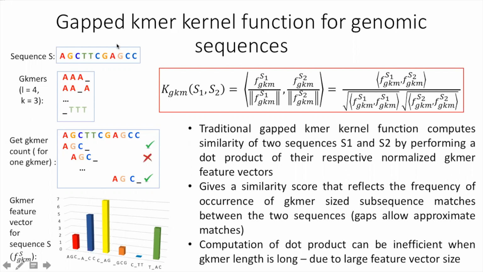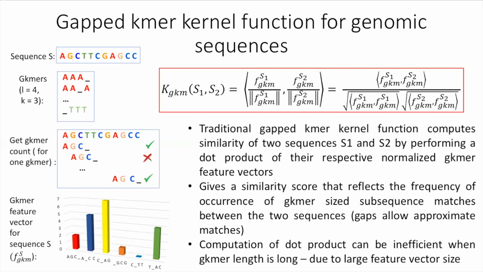This is best explained by an example. Here, we have a sequence that we want to represent as a gapped-Kamer feature vector. So first, we enumerate the possible set of subsequences. The subsequences are called l-mers, where L is the length of the subsequence. In order to get approximate subsequence matches, we allow for gaps in the subsequences, where the gaps indicate permissibility of a mismatch.